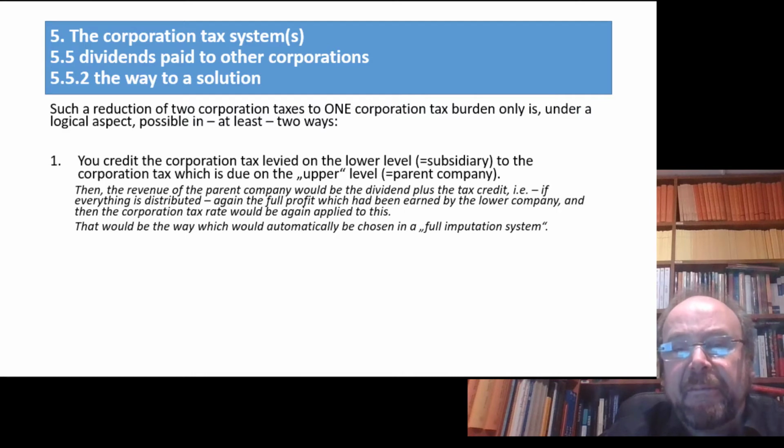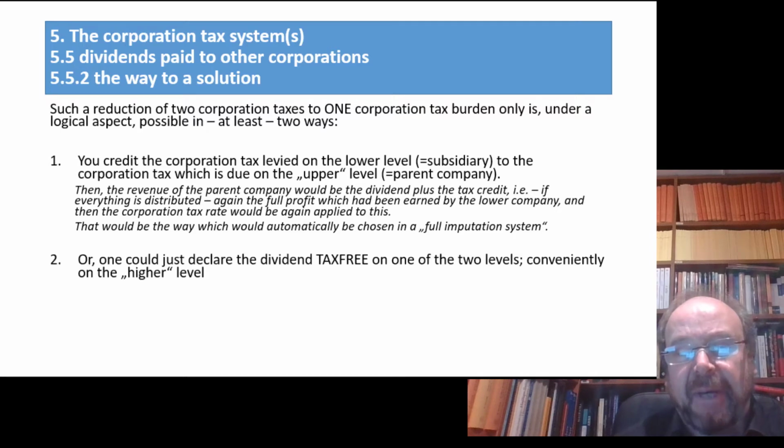Then the complete amount of corporation tax was handed back to the shareholder at the moment of distribution. So nothing happened. No risk of a double taxation or threefold taxation with corporation taxes, because every level already gave back the corporation tax, and so corporation tax was only temporary.